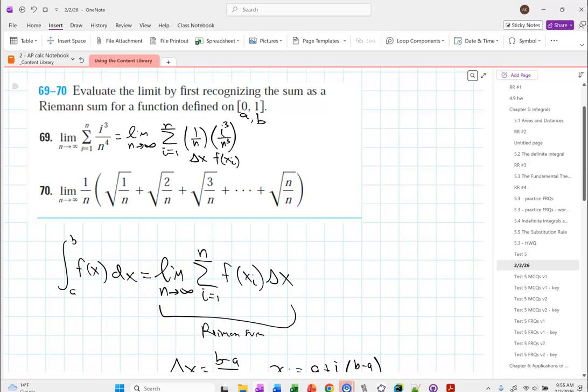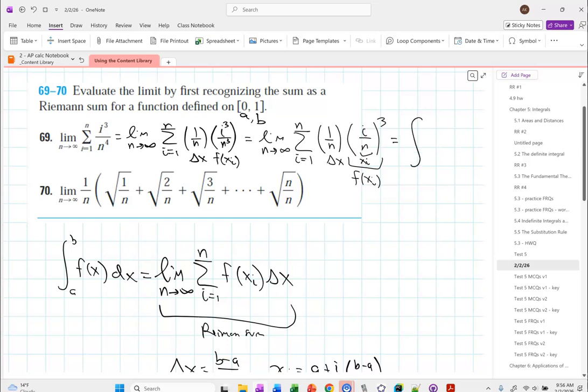So what is the f here if xi is i over n? f of x has to be x cubed. Okay?